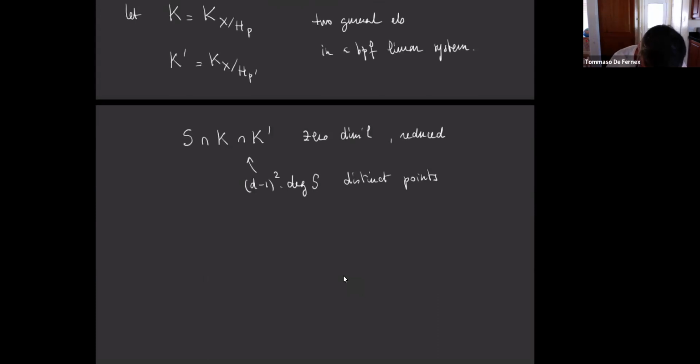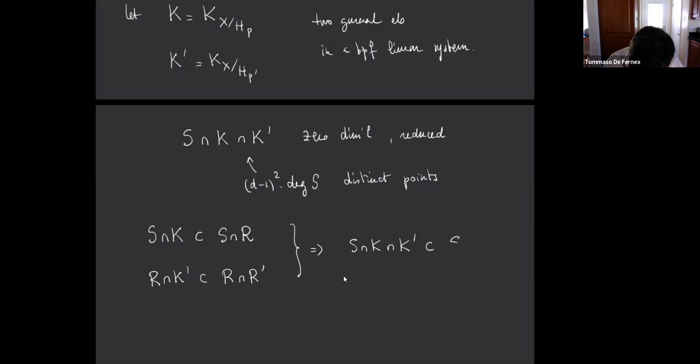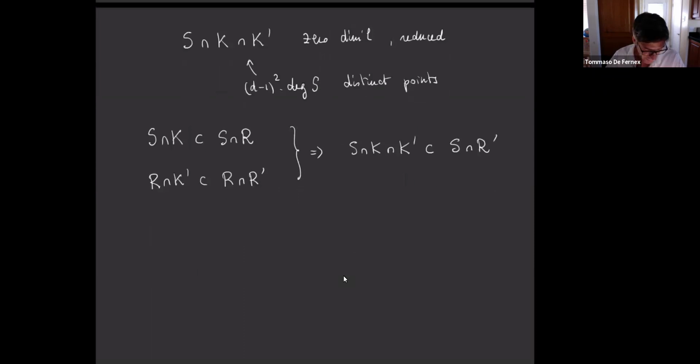Also, I see that S intersect K, the points of ramification, will lie inside the intersection with the first residual surface. And starting from R, I have a similar property, that this contains R intersect R prime. So when I put these two together, I see that this set, whose cardinality I understand, is contained inside S intersect R prime, which is a finite set.